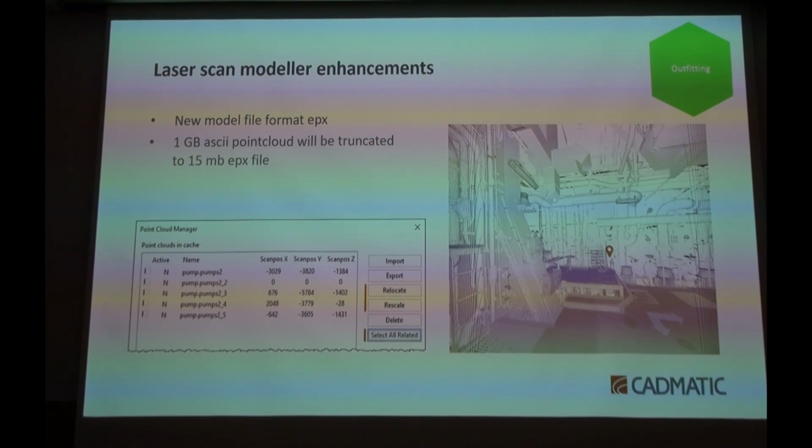One scan from only one scanner position takes 1 gigabyte, very big. That 1 gigabyte, we are able to make 50 megabytes. That means you can easily fit everything on your own machine.